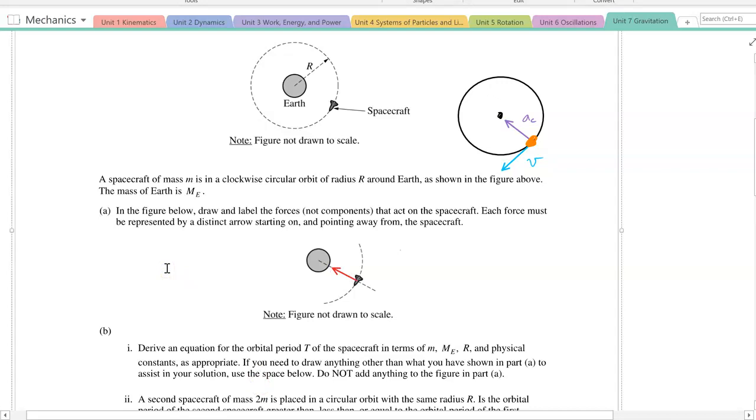And what type of force is this? I guess the first mistake many people will make is to say it's the centripetal force. So they'll say F sub c and then they'll go to the next one. But this is wrong. There's not really a thing called centripetal force that you label on the diagram, because something must act as the centripetal force.